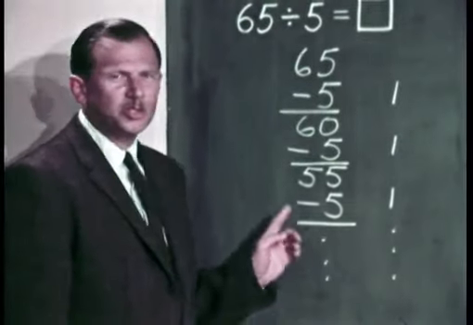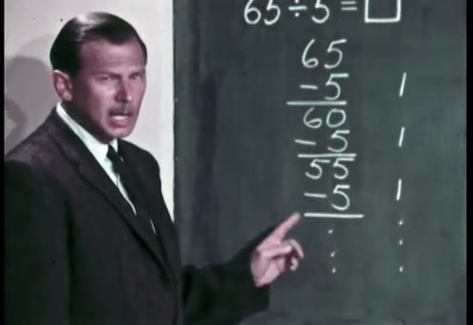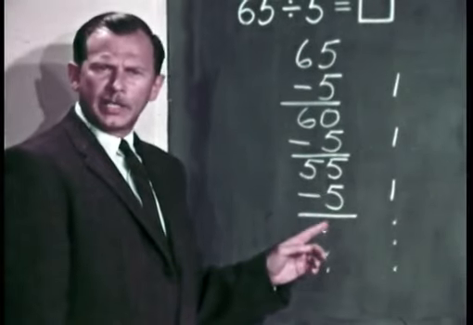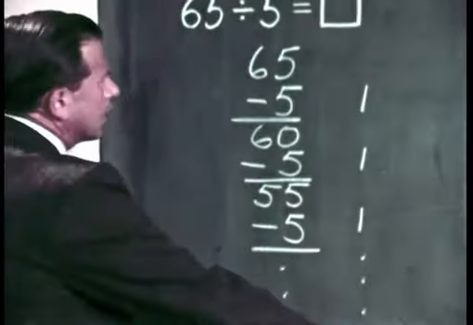But children are sure to object to this procedure. It takes too long. Someone may then suggest subtracting 10 times 5 or 50 to save time. Then this notation would look like this.